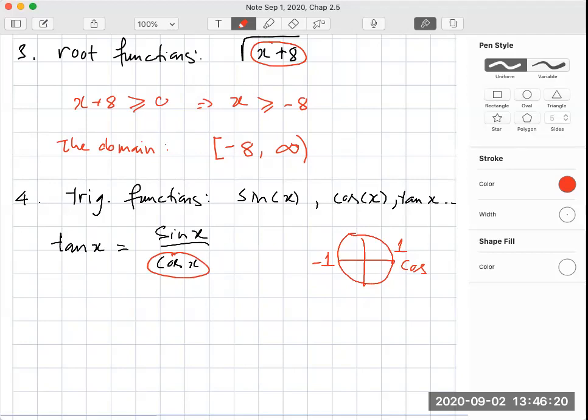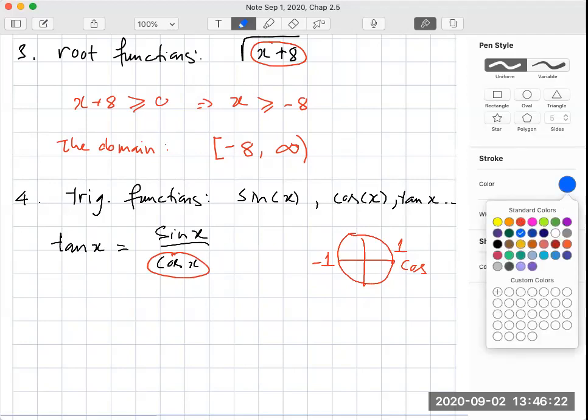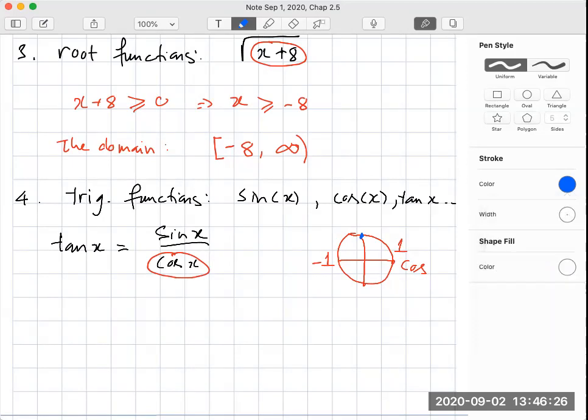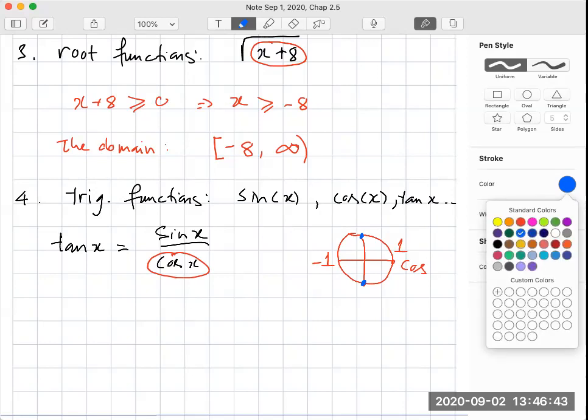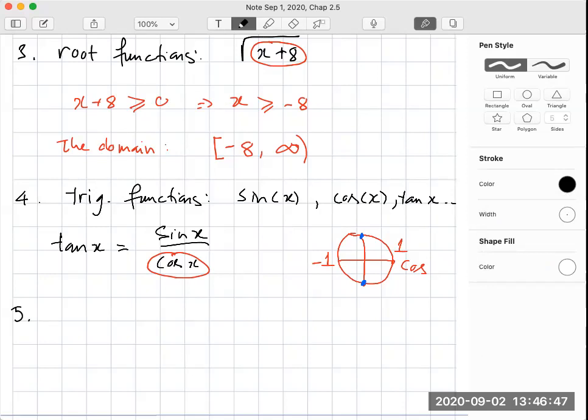It means that we are not allowed to pick the point where the angle is right here or right here, right? It is pi over 2 or pi over 2 plus pi, and so on. Review that. We're not going into that much detail here because you know that before already.